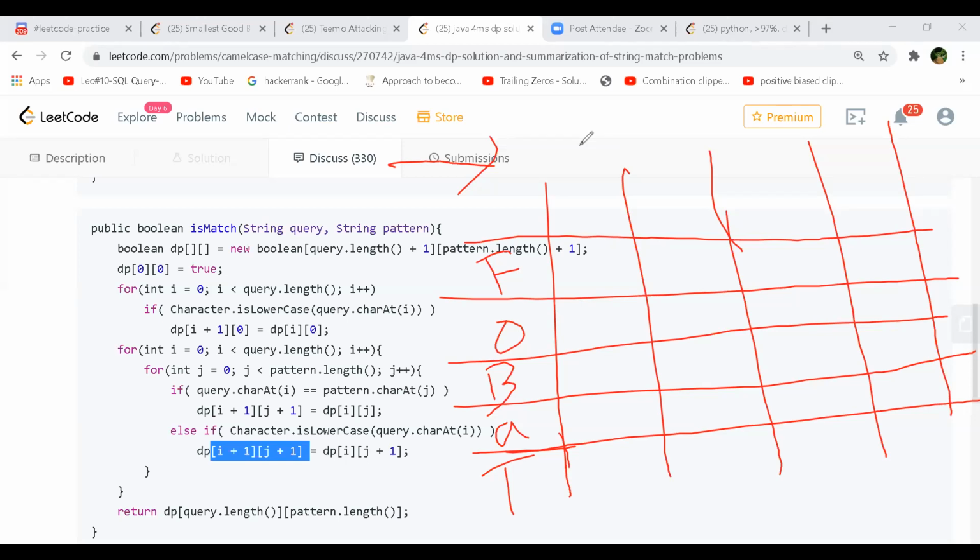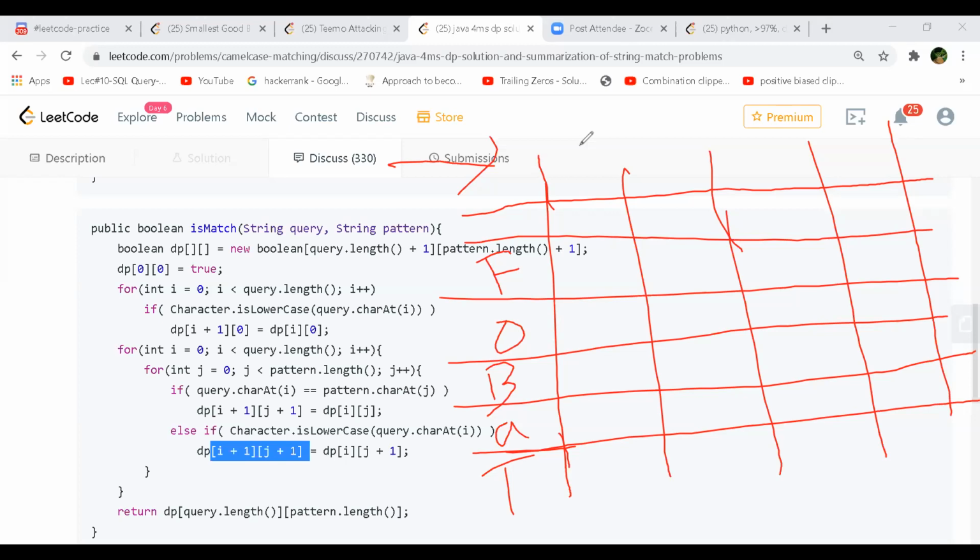Therefore you can have a base case dp 0 0 as true, and then you go into row 1. Actually in column 0, you are copying all the values of dp i to dp i plus 1.